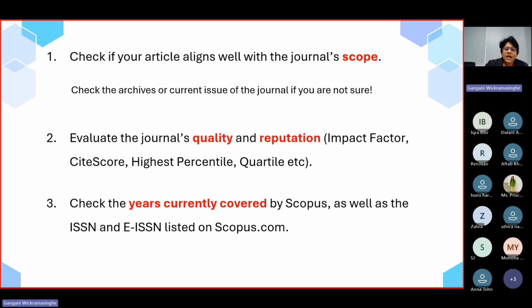Then always, when you are selecting a journal, especially if you are looking for a journal that is indexed by Scopus, check whether the years are current, whether the current year is actually covered by Scopus, and whether the ISSN and the EISSN listed on the Scopus website match the ISSN and the EISSN mentioned on the website of that journal.